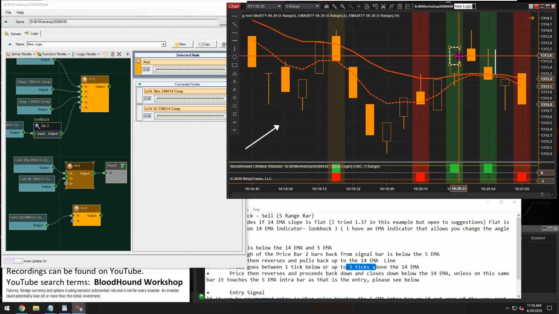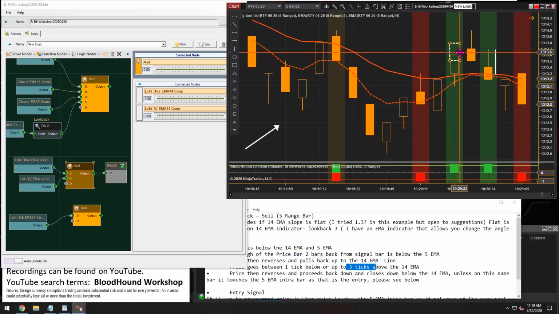Here, if we look at the high, it's more than 3 ticks away. This high is too high, so there's no short output. But we can see the high here is above our EMA, but within 3 ticks. Our high here is above our EMA, but within 3 ticks. This high is too far above our EMA, so no short output. Again, our high is too far above our EMA, no short output.